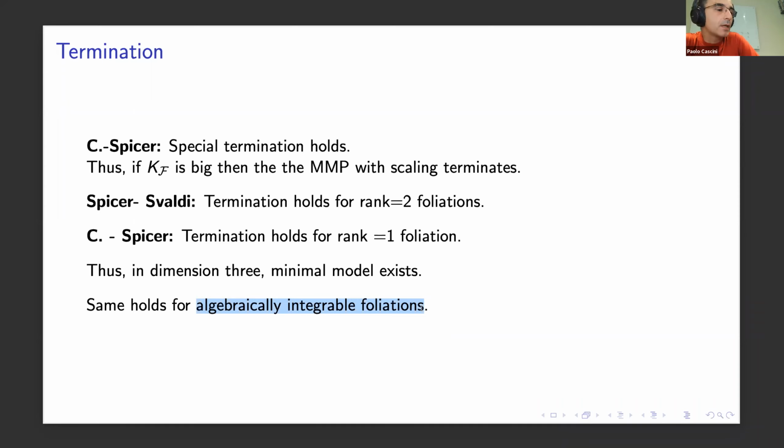The only hard thing about this program is to understand singularities. Log canonical foliations defined by algebraically integrable morphisms do not correspond to the variety or the pair being log canonical. So we need to understand singularities. That's the only work that was involved in this program. It's just checking that everything behaves the way it should behave.